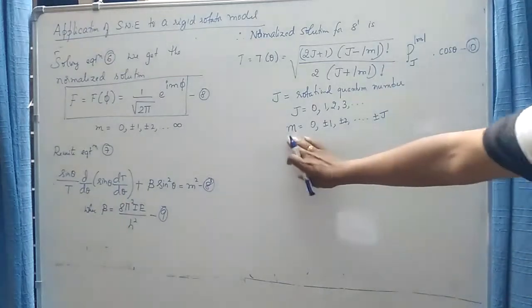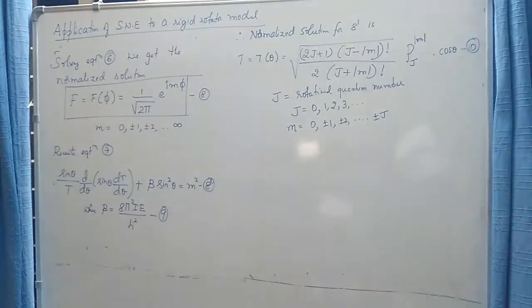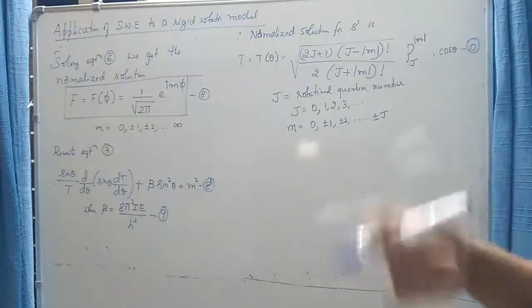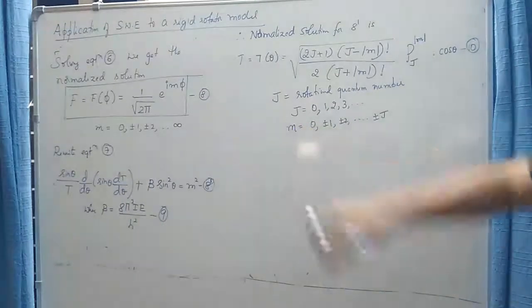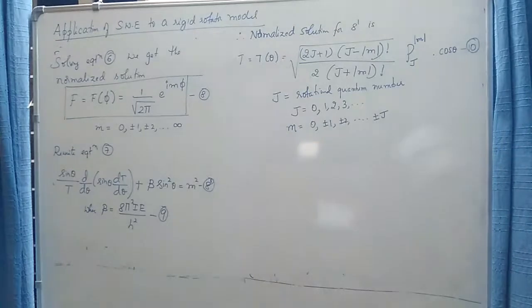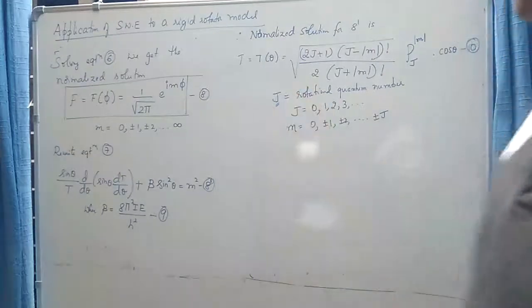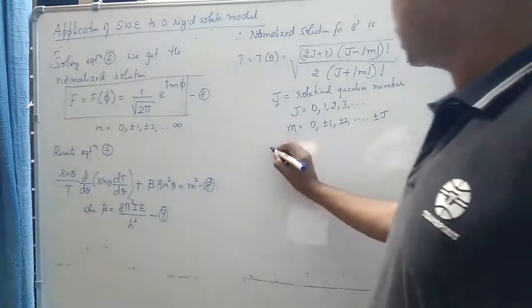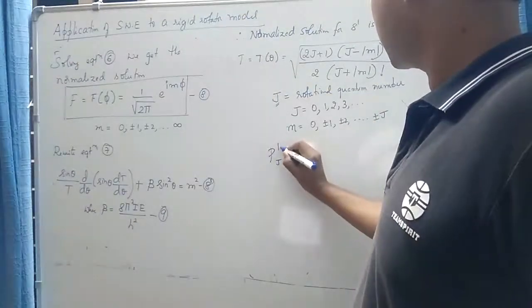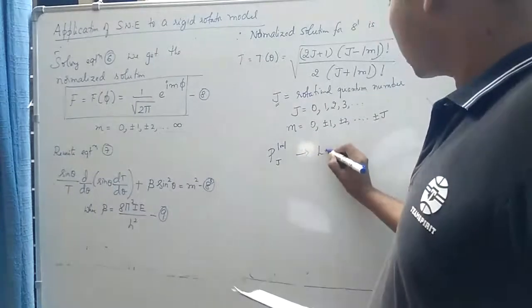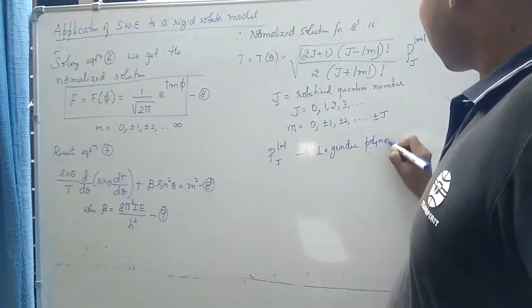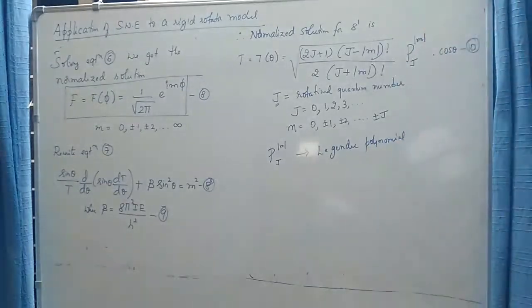This quantum number m has not much significance here, but it has a very important significance when we discuss the rotational motion of the electron around the nucleus. When we discuss the hydrogen atom, we will concentrate on this quantum number m. Here we are interested only in the rotational quantum number represented by j, and this polynomial P j m is called the Legendre polynomial.